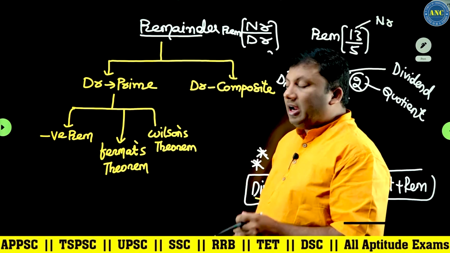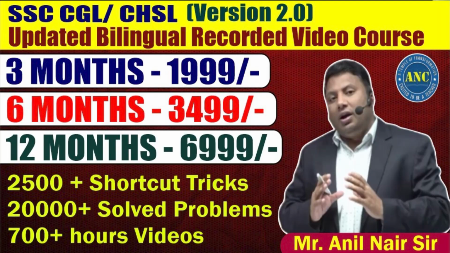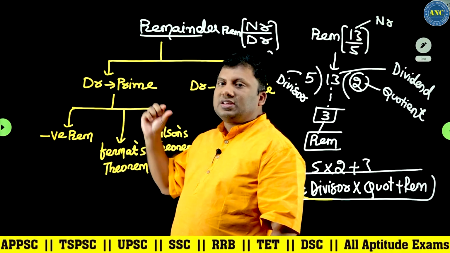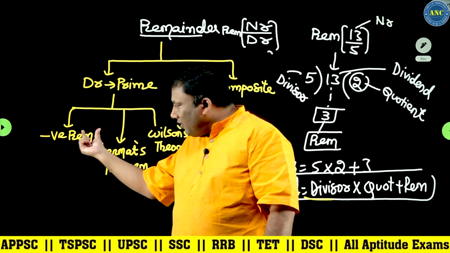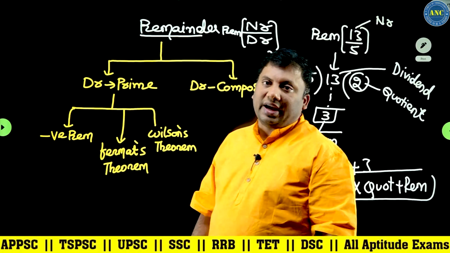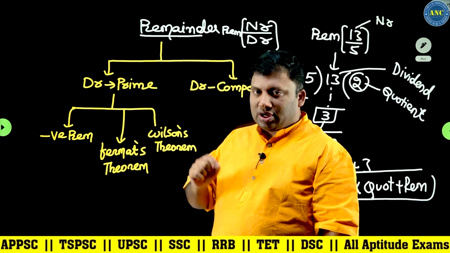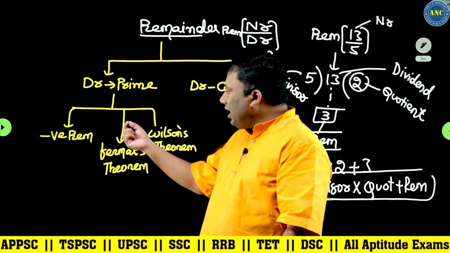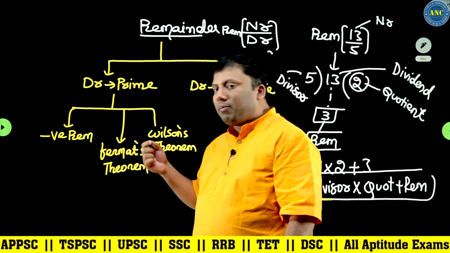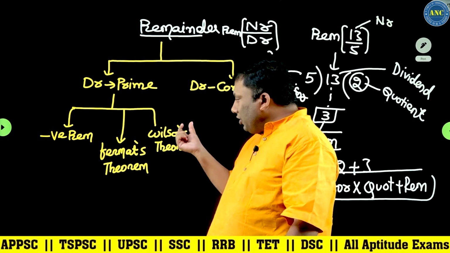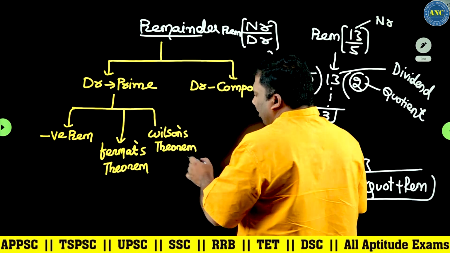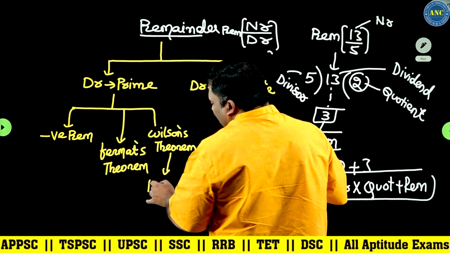In remainder-related problems, the denominator can be a prime number or a composite number. If the denominator is a prime number, first I will try to solve the question using negative remainder. If I am unable to solve it in less time, then I will use Fermat's theorem. If the numerator is in factorial format, Wilson's theorem is used.